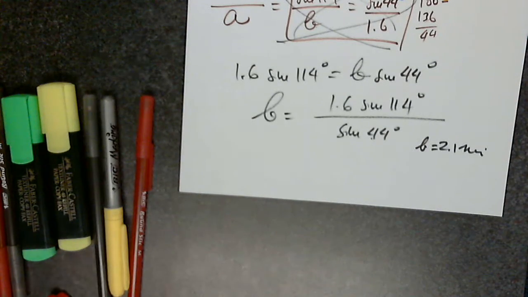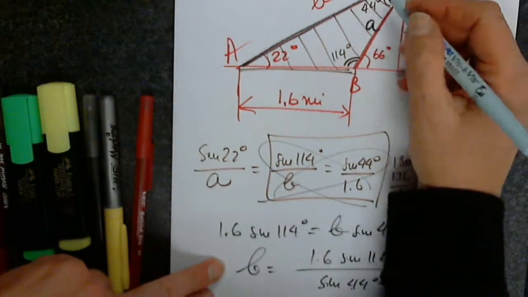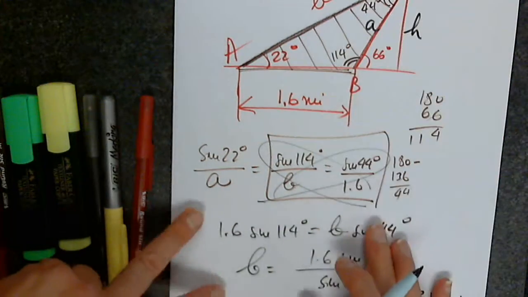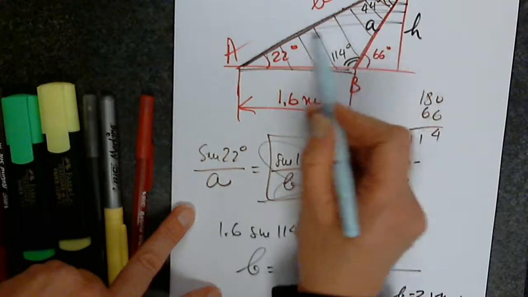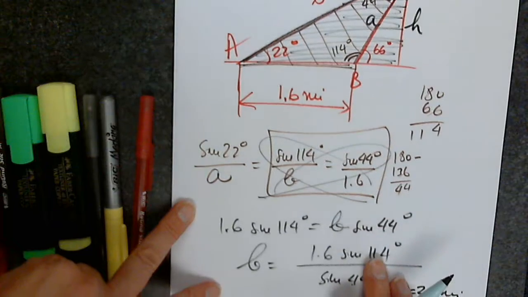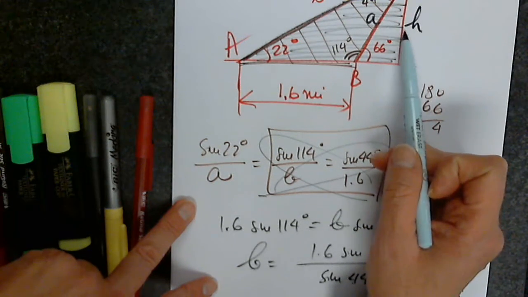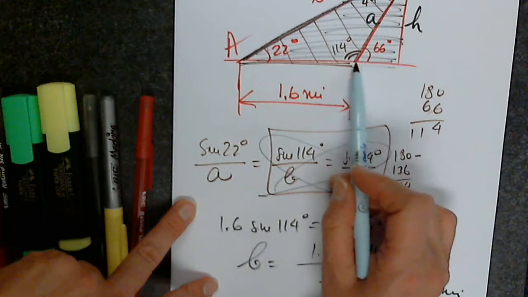Now I have this, which is 2.1 miles. Therefore, I can look at this triangle, but actually I can't, because I don't have this portion.